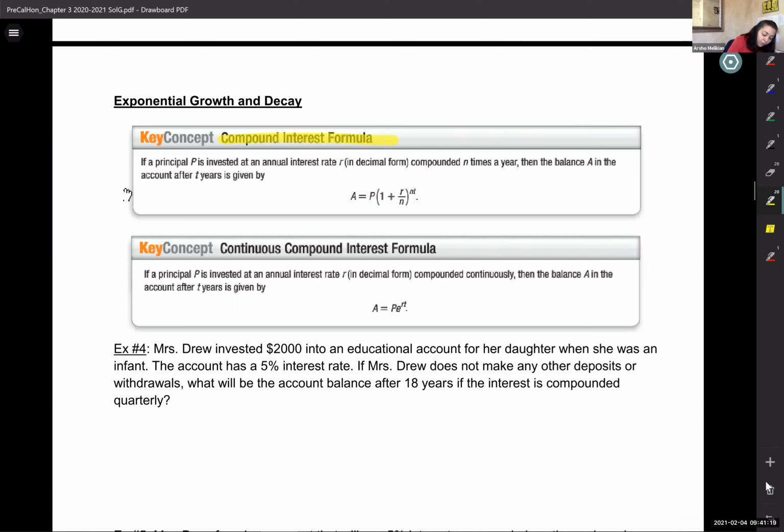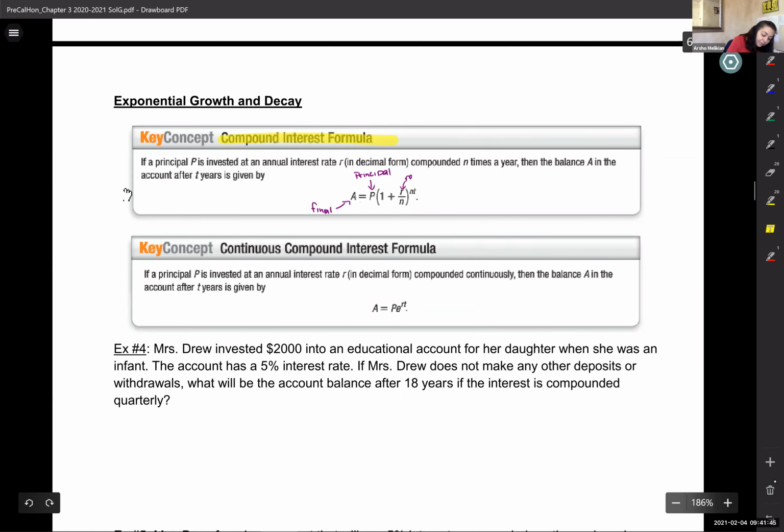And you've probably seen this formula before. This is the formula for compound interest. So what you have is A is your final amount, equal to P, which is the principal, not Miss Howard. That's the money that you go to the bank with to open up your account, the initial investment.